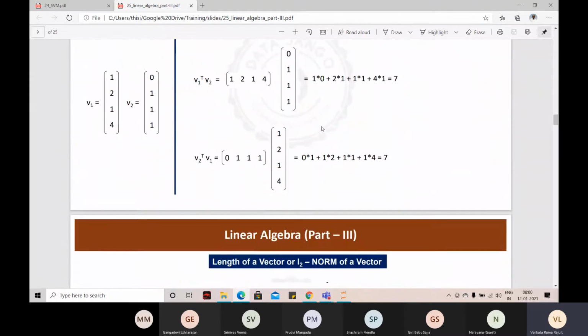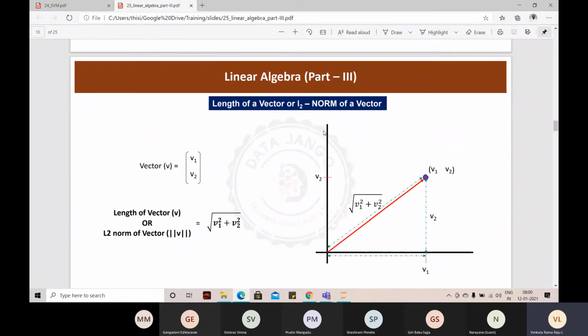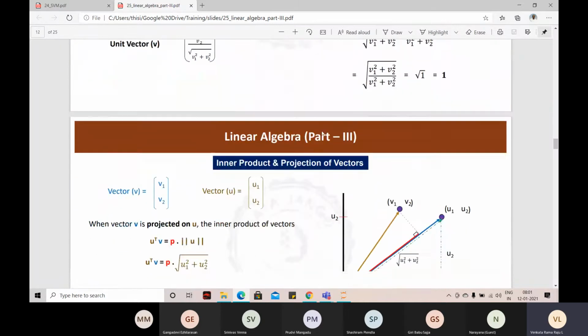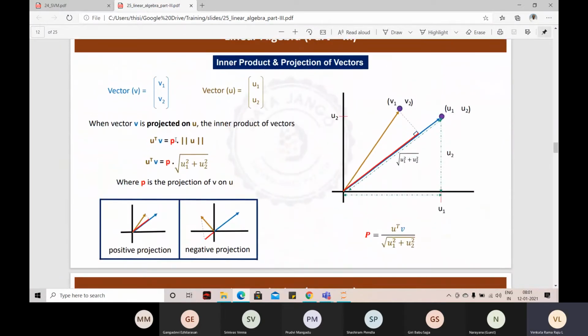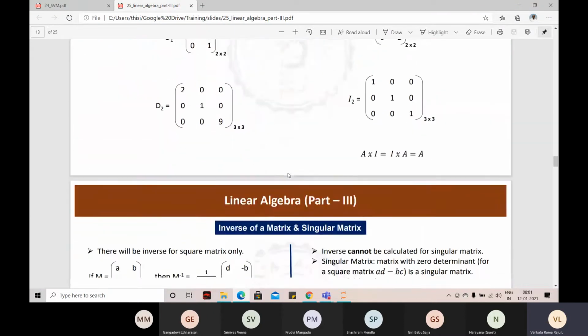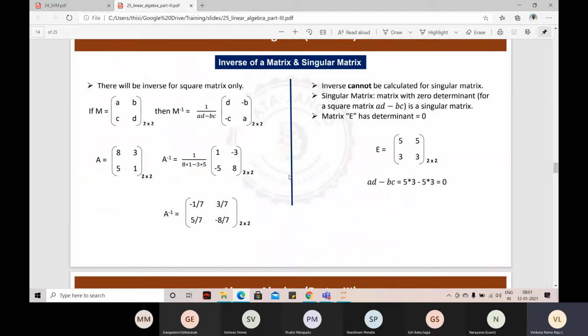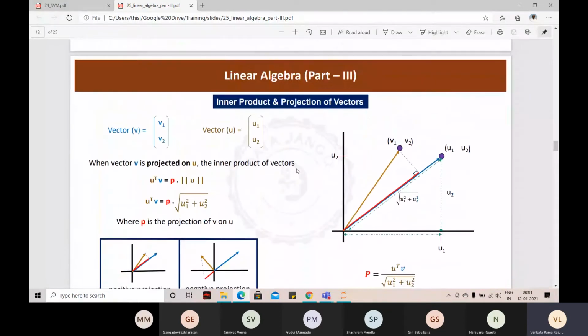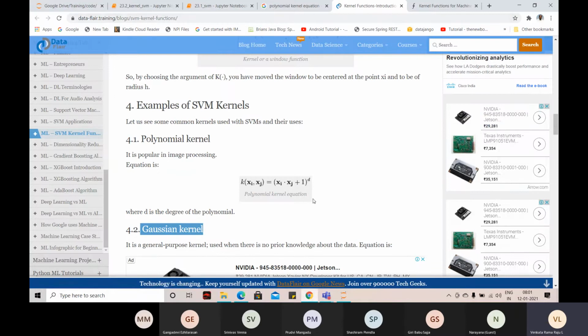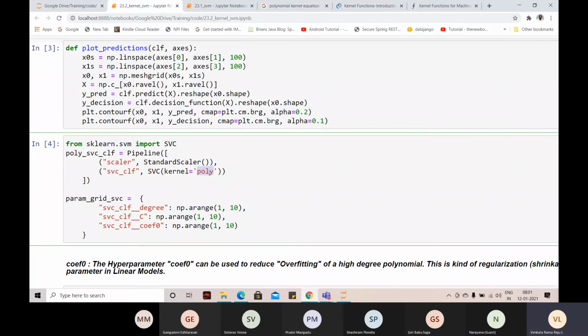When you do multiplication, you get the projection; you are trying to measure some kind of projection between the two vectors when you are doing the polynomial kernel. So I used the polynomial kernel here.